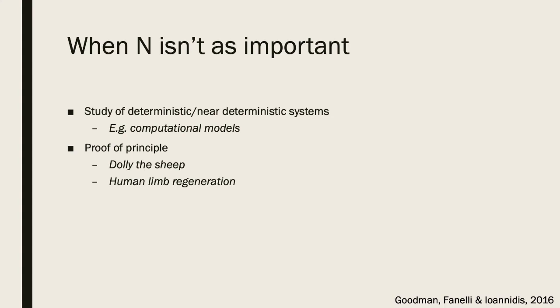What's the difference between proof of principle in your mind and large effect size? You only need one observation in order to show that it's a thing, provided that what you said you did is what you did, and you didn't introduce some confound or whatever. It would be equivalent to an infinite effect size.